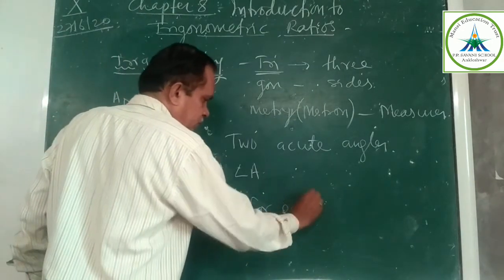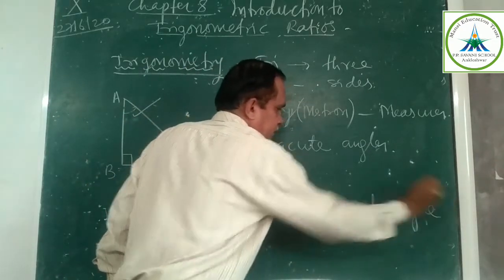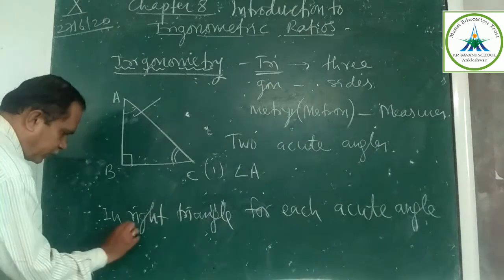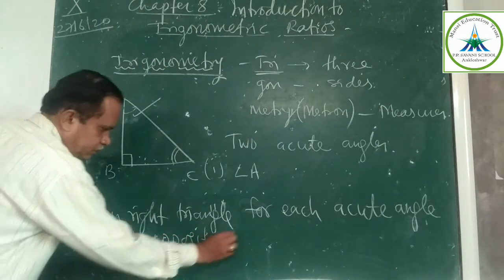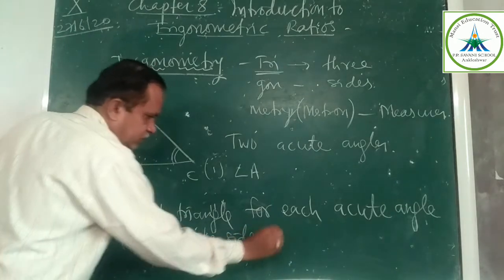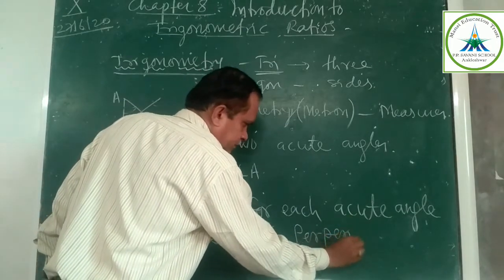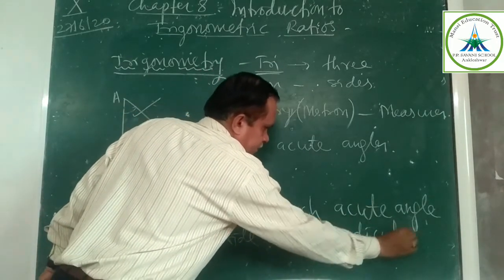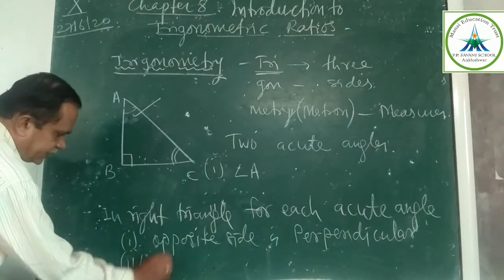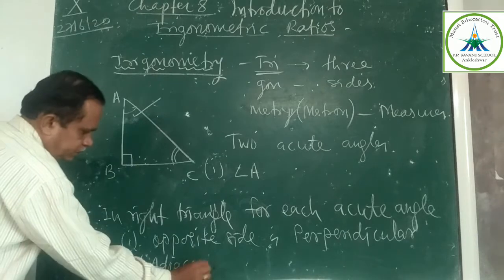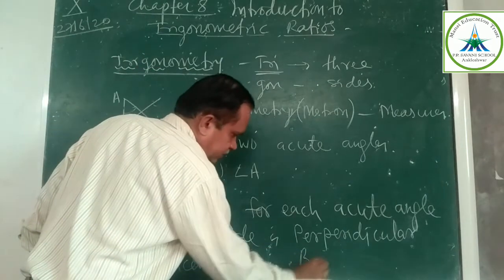Okay? Now see, in a right triangle, for each acute angle, number one, the opposite side is the perpendicular. And number two, the adjacent side is known as the base.